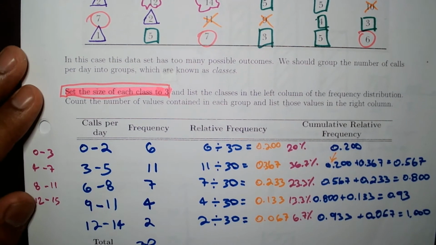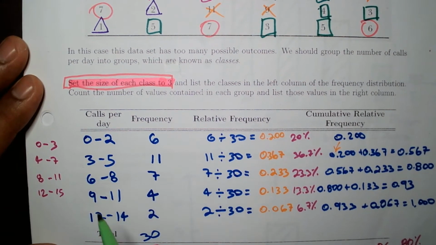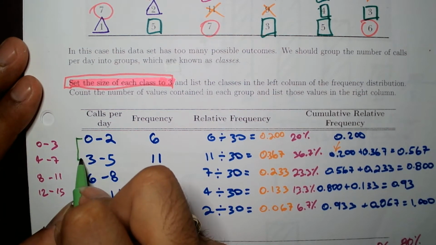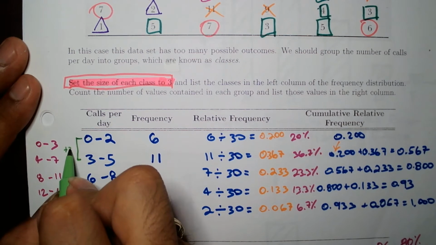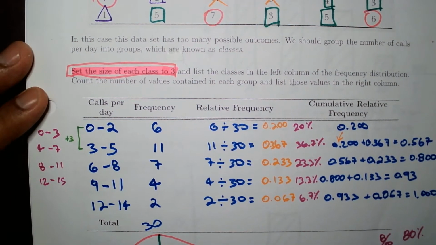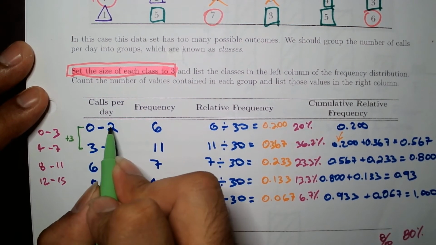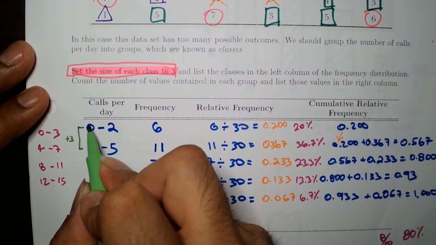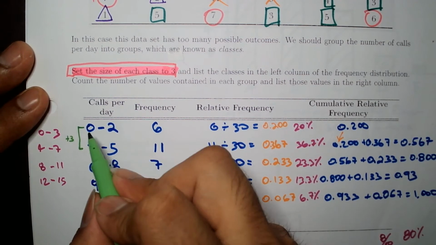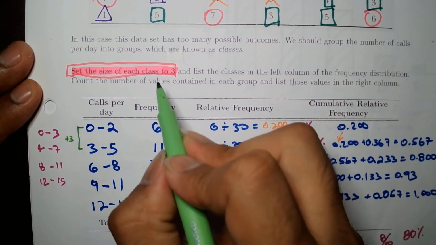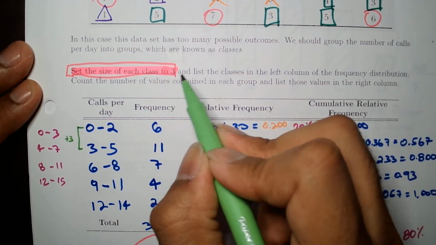Or even better, if the first class starts at 0, add 3 to get the lower bound of the next class. Actually, by the way, these two numbers, the 0 and the 2, are the bounds of the class. This is the lower bound and this is the upper bound. What you can do is start with the lowest number and add the size of the class, or the class width.